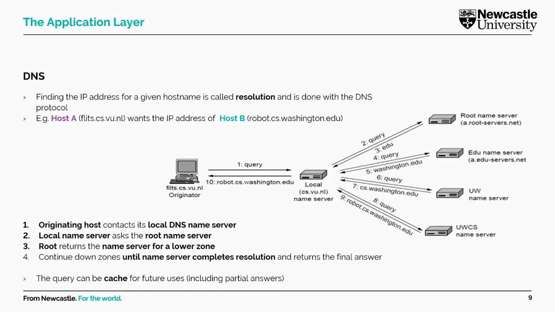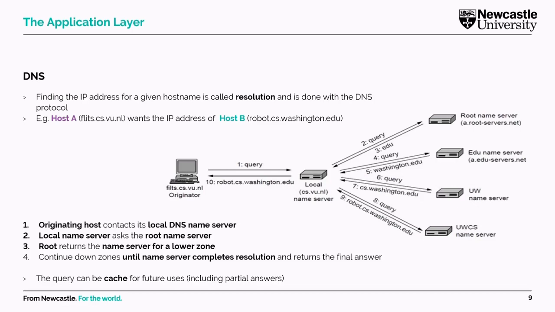It's a long-winded explanation, but the gist of it is that the sending machine who's looking for another machine might end up speaking with a bunch of different DNS servers in order to arrive at the IP address of the host it wants to communicate with.